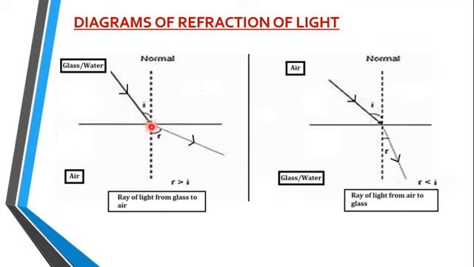And when it hits the interface, as it enters air, it will divert, or the direction will change. Now the direction will change away from the normal, away. So in effect, the angle of refraction will now be bigger than the angle of incidence.